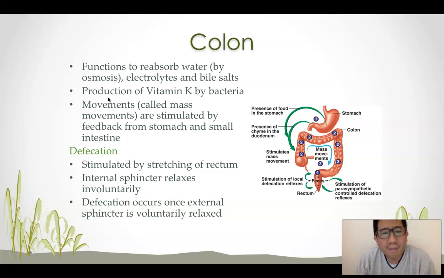Some people have not-so-good bacteria, and you end up with all kinds of GI distress: infection, diarrhea, constipation, all kinds of stuff all the time, because you don't have good, healthy colonies of bacteria inside your colon. Those bacteria could help you produce vitamin K. This is called symbiosis. These bacteria will help produce vitamin K inside your small intestine and large intestine.